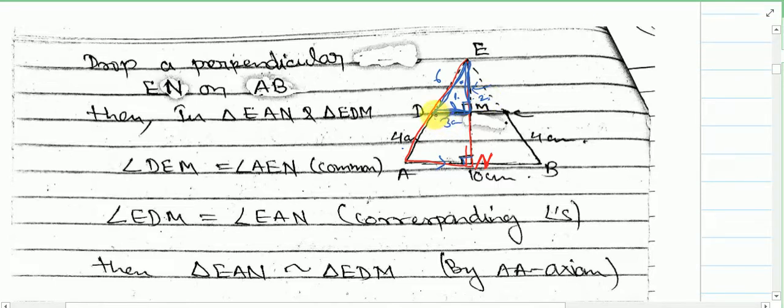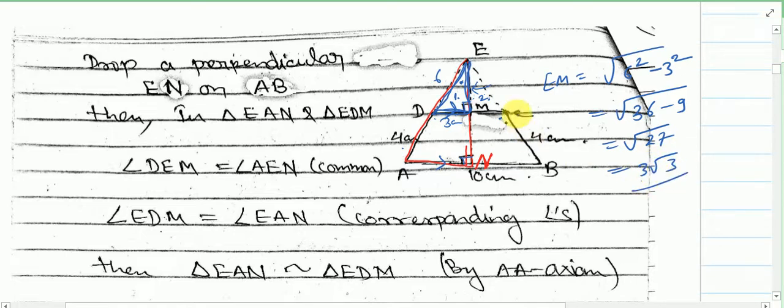So CD is total 6, so this will be 3. So you can easily find this length EM. EM will be 6 square minus 3 square, so 36 minus 9, that is 27. So this will be 3 root 3.